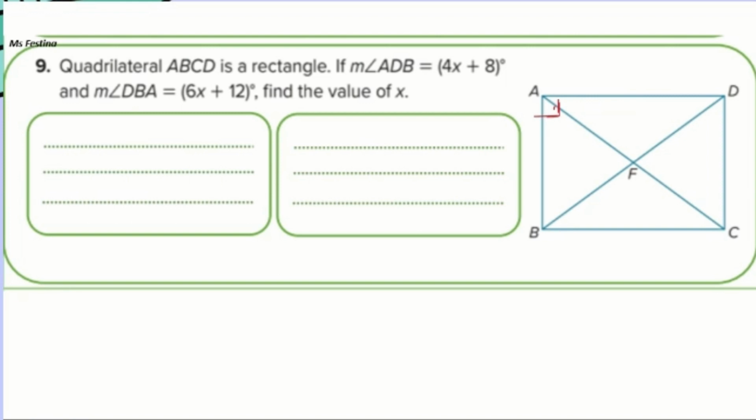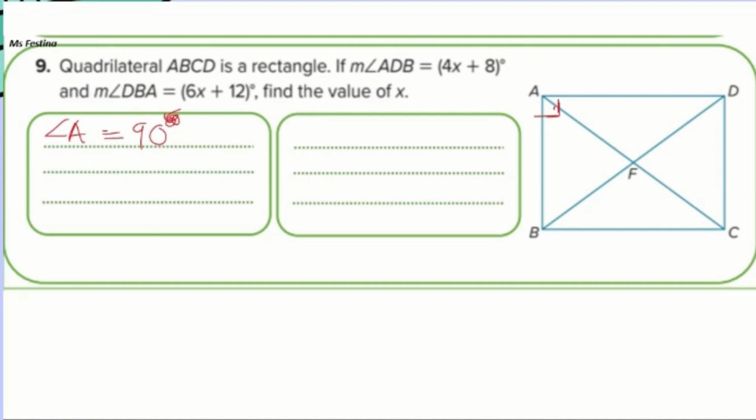So what are we going to do then? We are going to look into what we can continue with, or what reason we can use next. I've already highlighted angle A, so I'm going to start with it. Angle A is equal to 90 degrees.